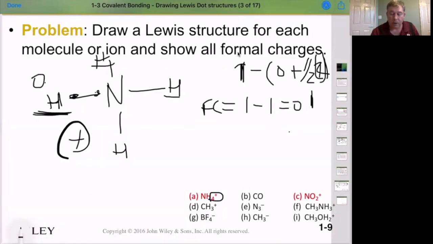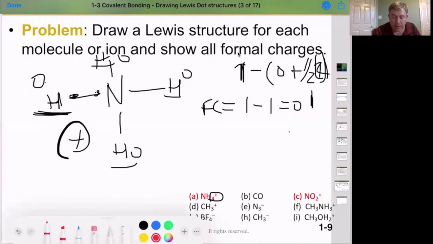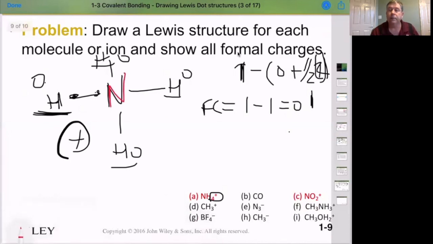Now, if we did that for all of the other hydrogens, we would see that those are all 0. That means the positive charge must be on the nitrogen. But let's prove that to ourselves here. Nitrogen, when we came into this, currently has 8 electrons around it. The formal charge for nitrogen is equal to the number of valence electrons it started with. It's in group 5A, which means it had 5 electrons to start with. So we need to subtract from that.